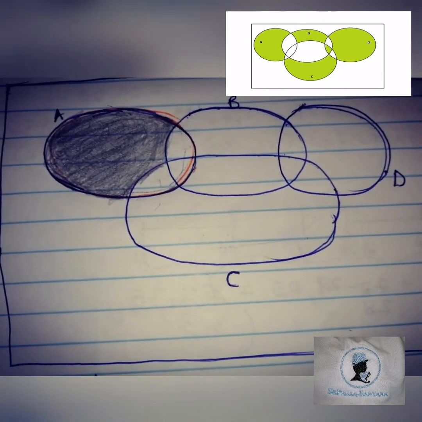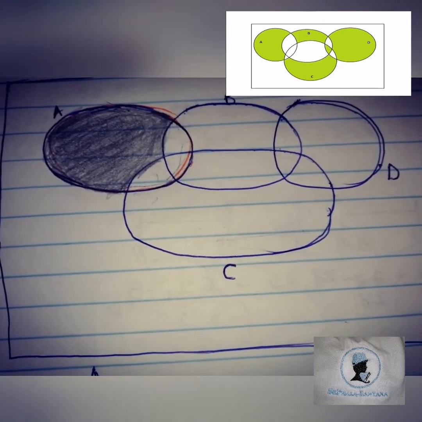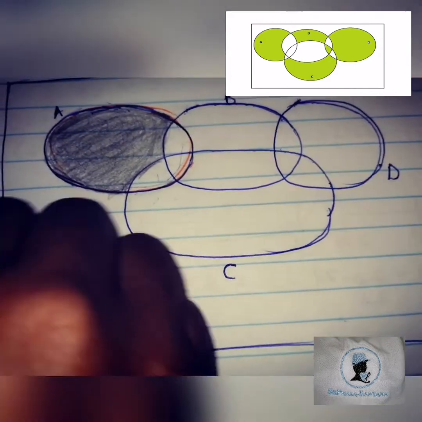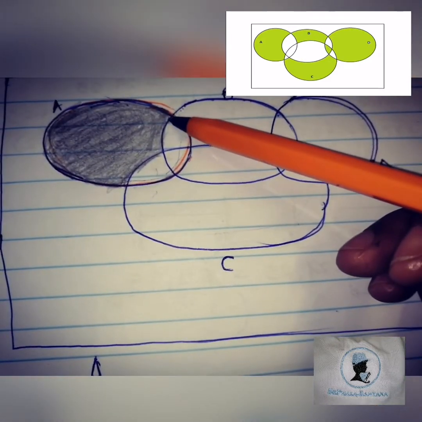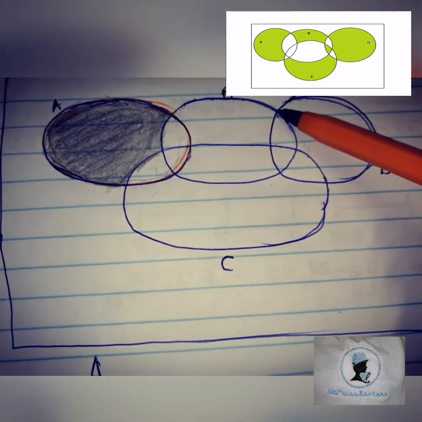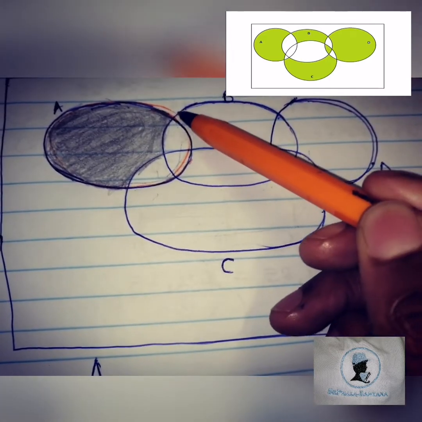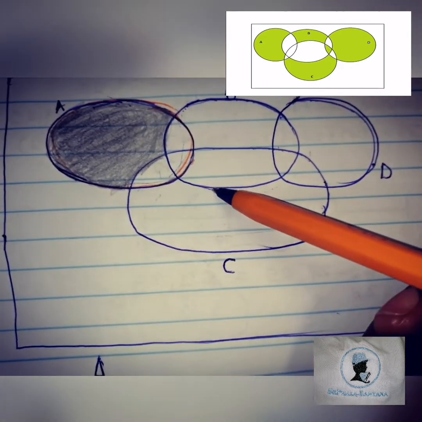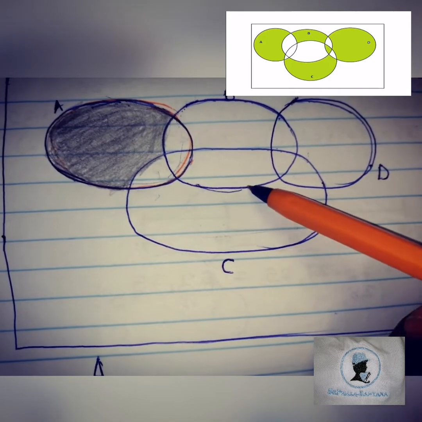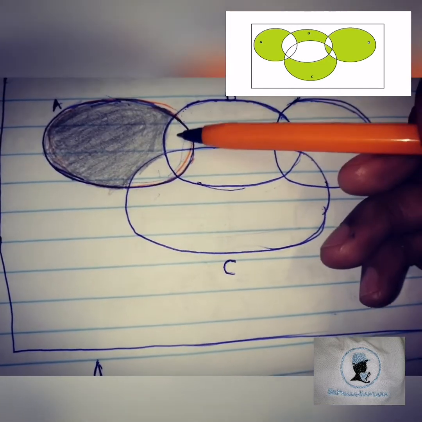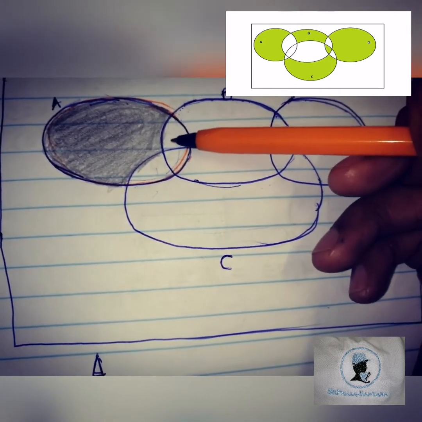So now we have to eliminate these spaces here. You can see that this is part of set B, and this part here is not shaded.